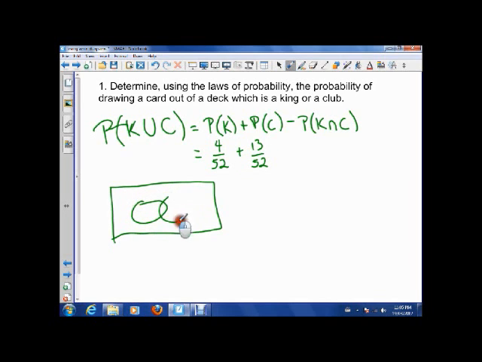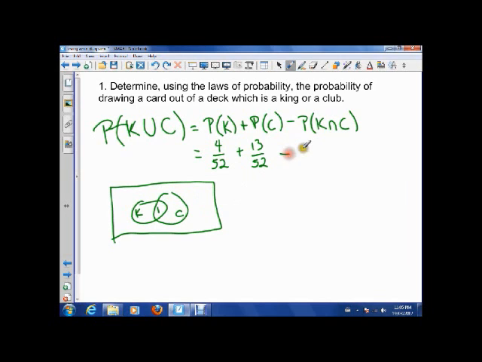But if I draw the Venn diagram, here's kings, here's clubs. I've got 4 kings and I've got 13 clubs, but I've got one card that's both. So there's actually one card that's both, and I counted this card twice, once in the kings and once in the clubs.